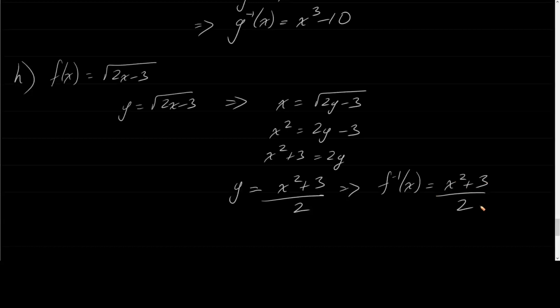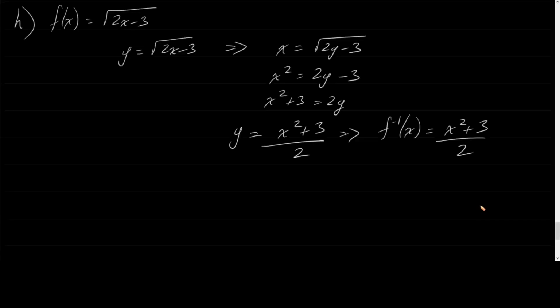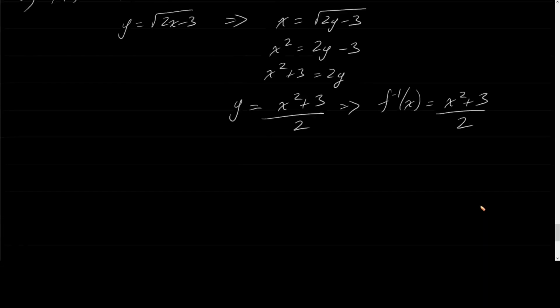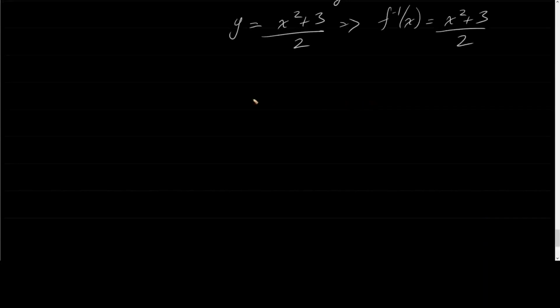Let's do another one. Let's say that we had f of x being equal to x plus 1 over x minus 2. And we want to find the inverse of that.